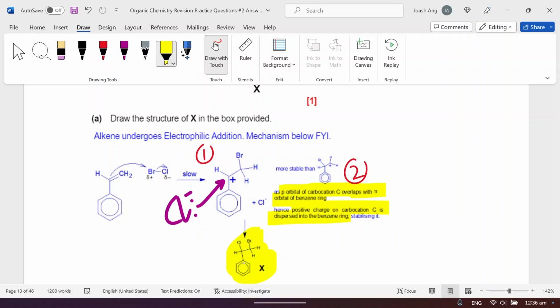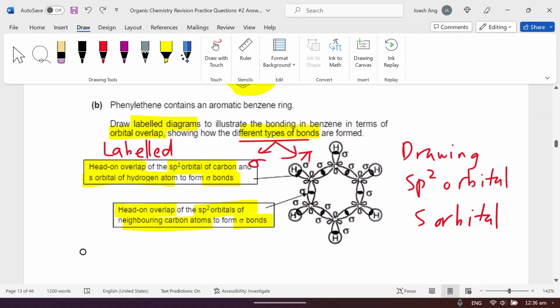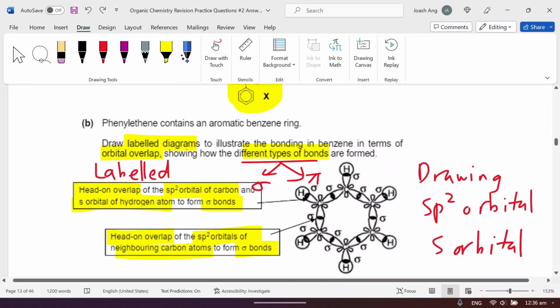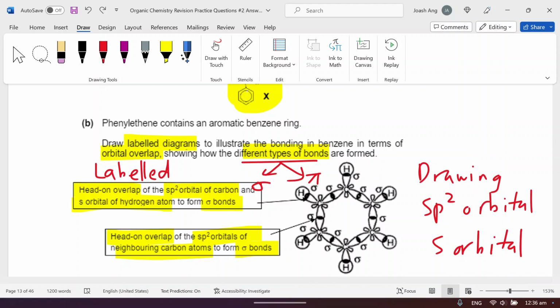All right, next question. Draw labelled diagrams to illustrate the bonding in benzene in terms of orbital overlap and show how different types of bonds are formed. To show how different types of bonds are formed, we need to show the sigma and pi bonds. We also have to label the diagram, which means I would want to annotate.